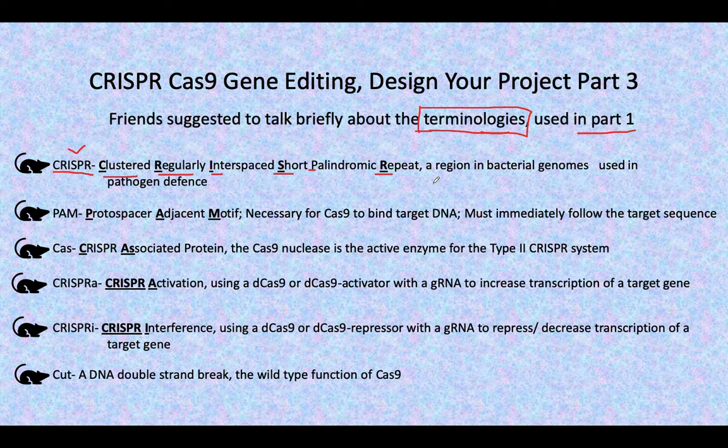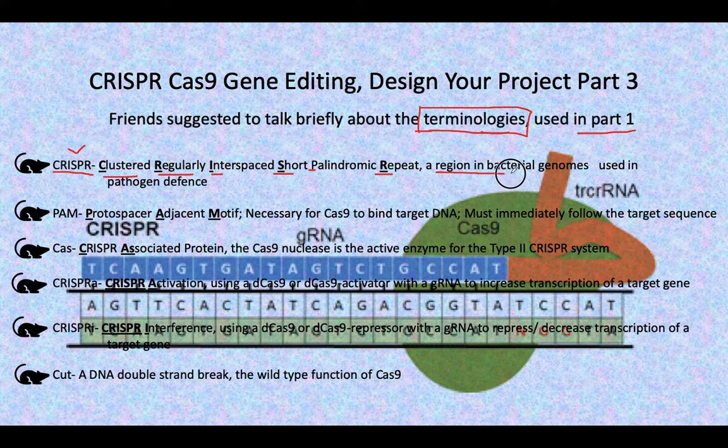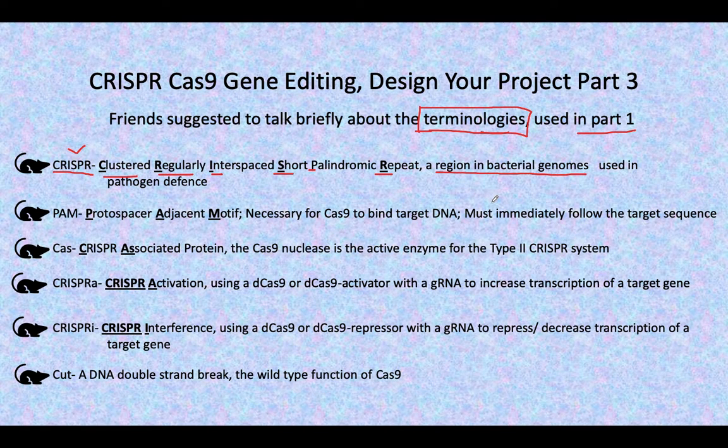So this is nothing else, just a region in the bacterial genome, but this is repeating after some time, after some spaces. Next, what is PAM? PAM is protospacer adjacent motif. The CRISPR and the PAM, these are sequences on the genome of the bacteria.